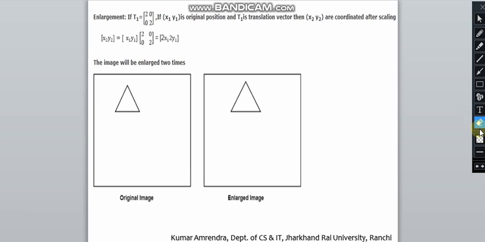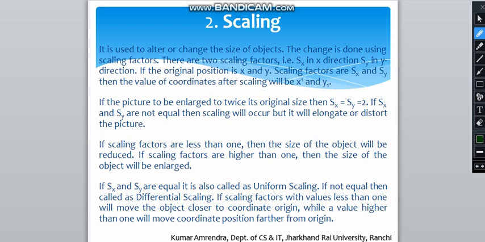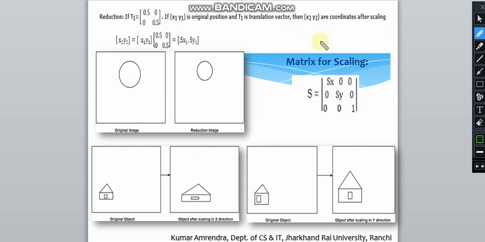So let's see the matrix representation and the two types of scaling, the uniform scaling and the second one, differential scaling. If this is the scaling factor, 0.5, that means half. We are making the object half.